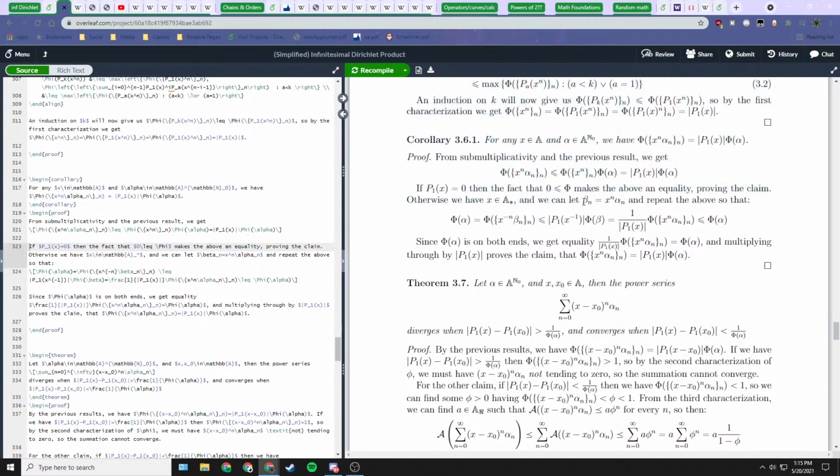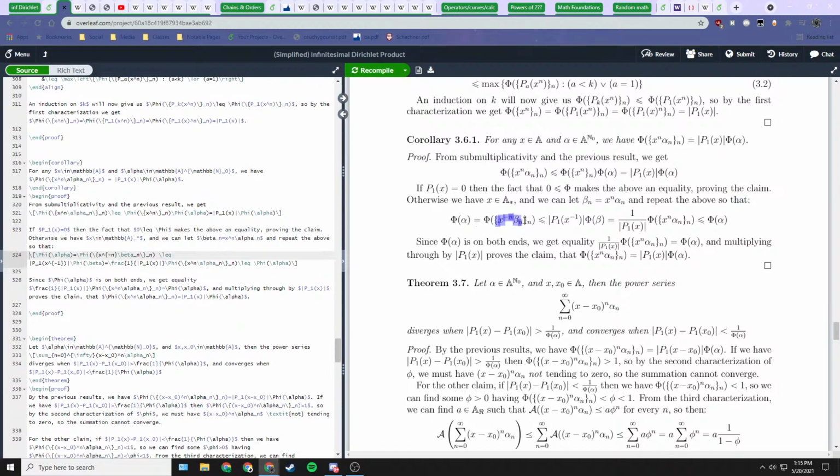If we consider this other sequence, we can repeat the above process. Alpha is just x power negative n times beta sub n. These are in fact equivalent sequences, alpha and x power negative n beta sub n.